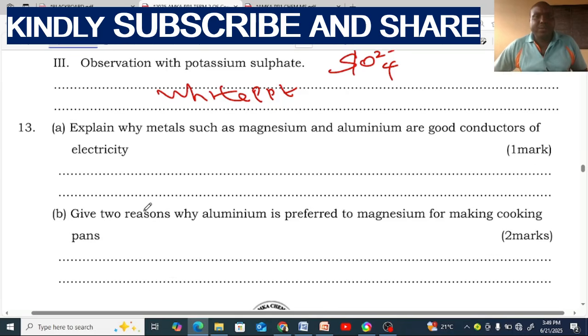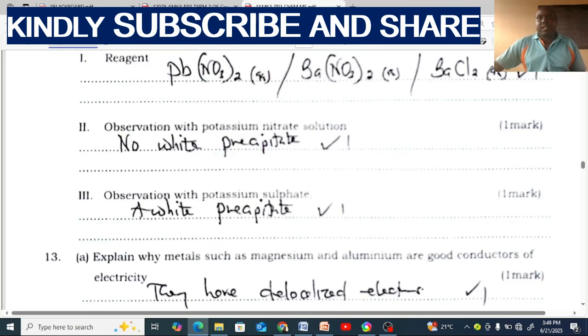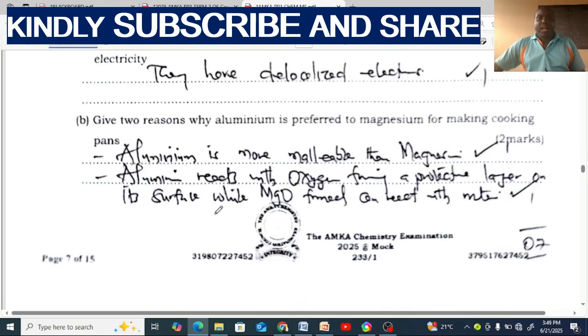Give 2 reasons why aluminum is preferred to magnesium for making cooking pans. This one is simple. Aluminum reacts with oxygen, forming a protective layer of aluminum oxide, which protects the surface of the pans from reacting with oxygen.